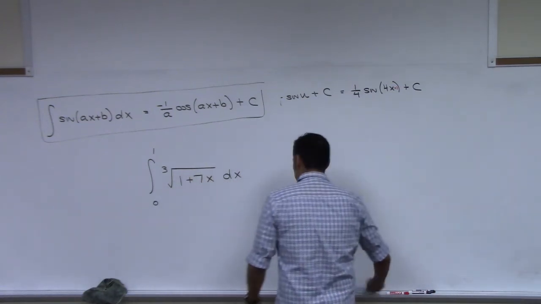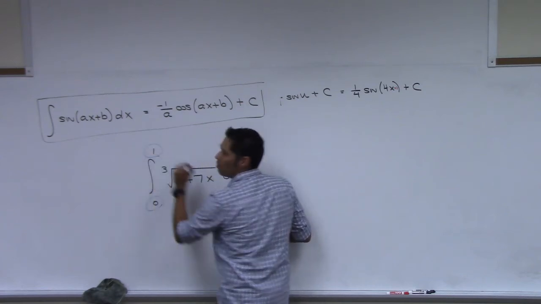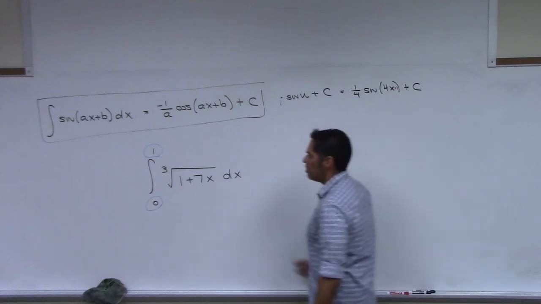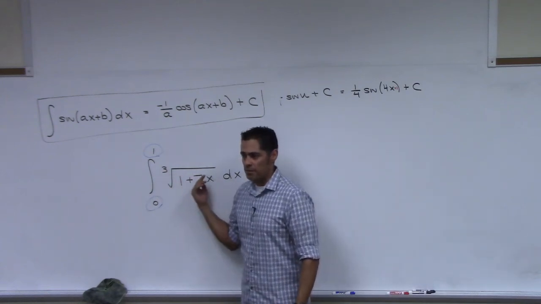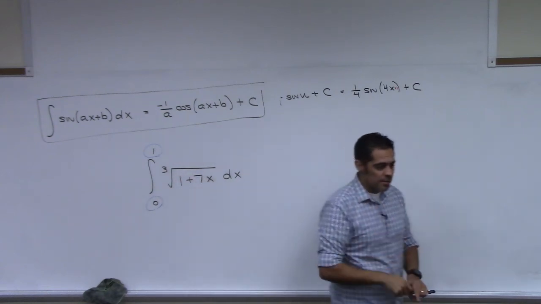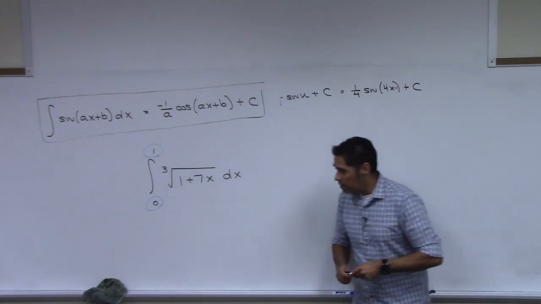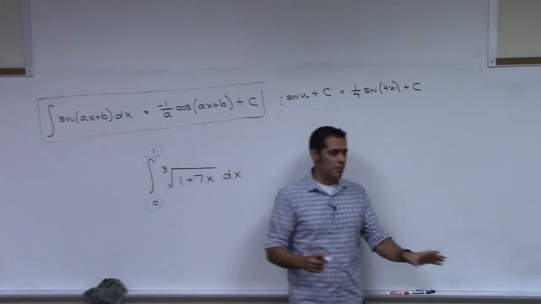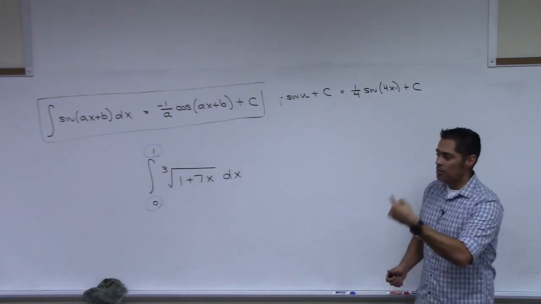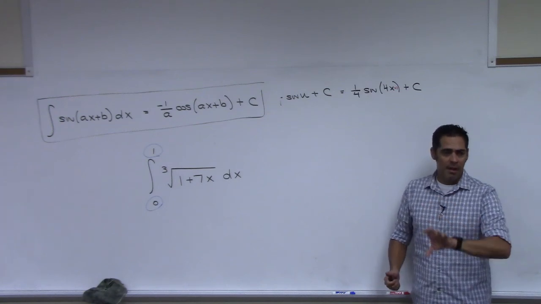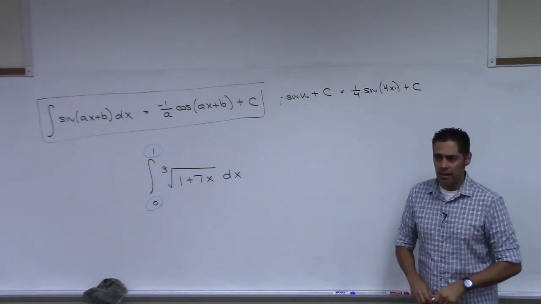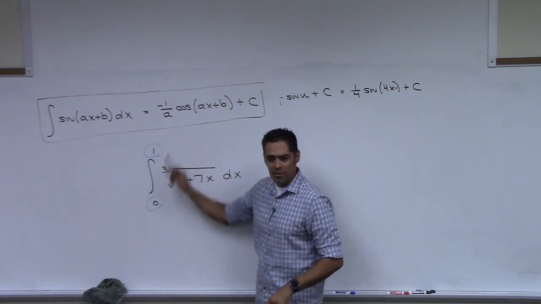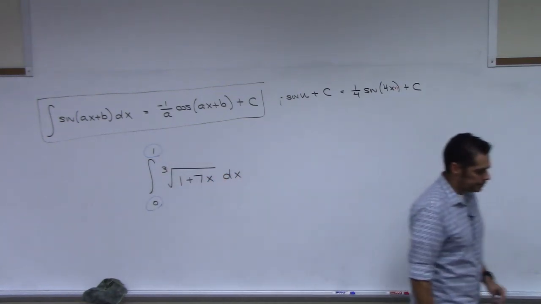Now, you see those numbers right here? Ignore them for right now. Just completely ignore them. Just go try and find the antiderivative of this. Now, be careful, because if you check your answer in the back of the book, you're not going to get the right answer, because this actually does mean something. We're just not going to deal with it. So if you want to check your answer, you would need to check my video, and that video would have the antiderivative in there. We'll talk about that much later. In October, we'll actually talk about what that means.